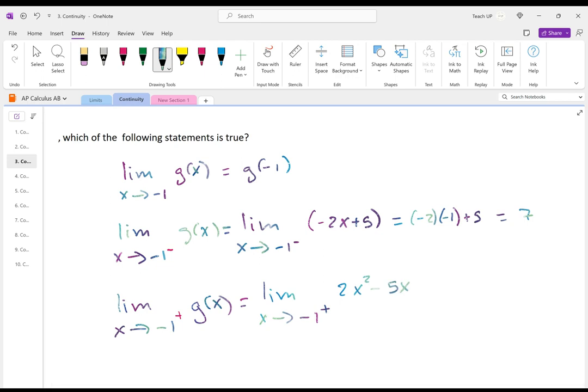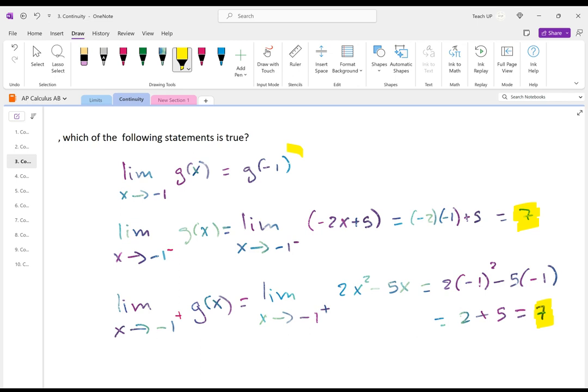So for those values that are greater than, and in this case greater than or equal to, negative 1, this is going to equal 2 times negative 1 raised to the second power minus 5 times negative 1. Well, negative 1 to the second power is 1, times 2 is 2, and then negative 5 times negative 1 is plus 5, so we get a 7. So this tells me that the limit of the function exists and it equals 7.